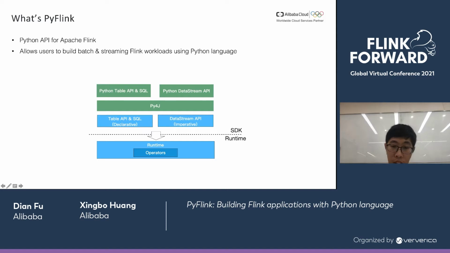Similarly, PyFlink supports user-defined Python functions for users to meet their customized needs. These user-defined Python functions need to be executed in a Python environment. So the responsibility of the PyFlink runtime is to support a Python environment and execute the Python functions.